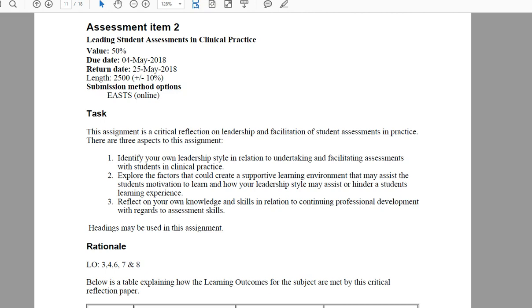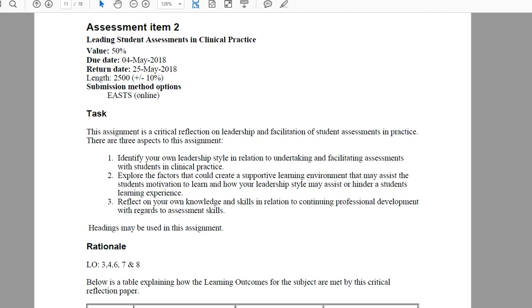Then you need to explore the factors that could create a supportive learning environment that may assist the students' motivation to learn, and how your leadership style may assist or hinder a student's learning experience. And this is what I was talking about, that there are pros and cons, if you like, to each leadership style.